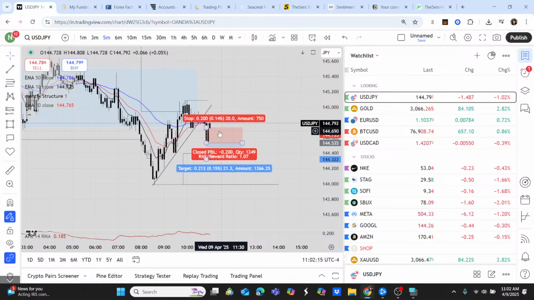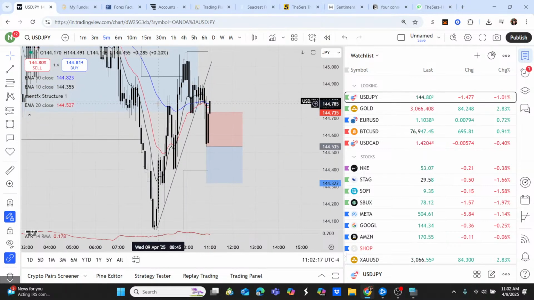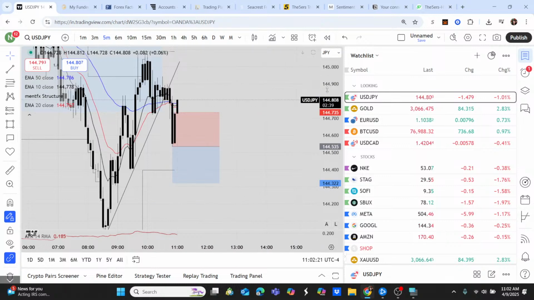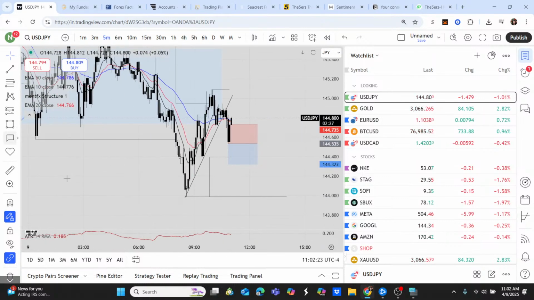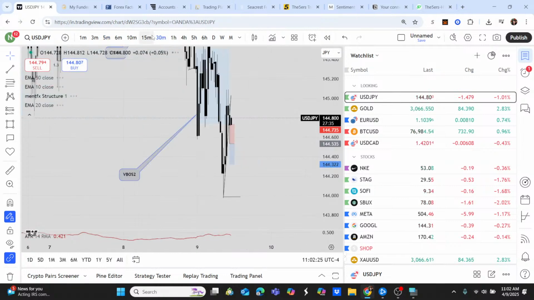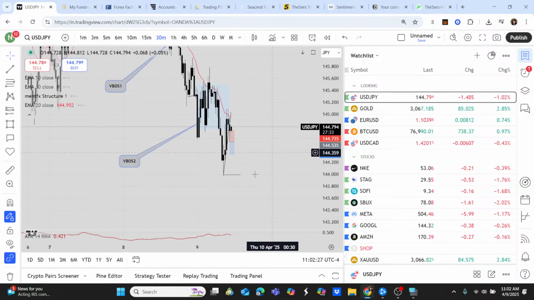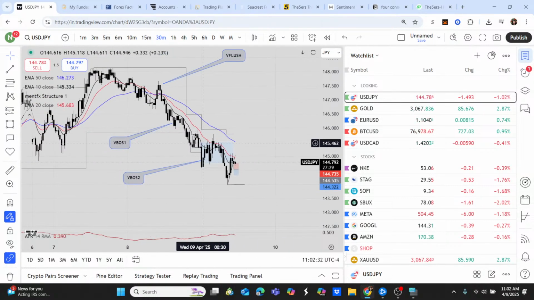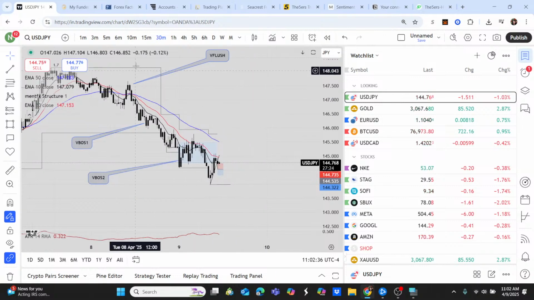I'm just seeing how this candle is closing because we still have time. It can still reject. So just for y'all to see, this is again what I'm looking for. It's basically the same thing.